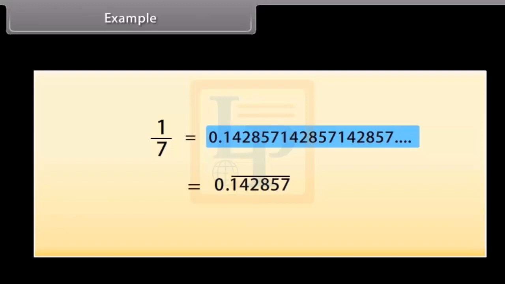The decimal expansion of 1 by 7 is 0.142857142857 and so on. Here 1, 4, 2, 8, 5, 7 is repeating. So we can write it as 0.142857 bar.